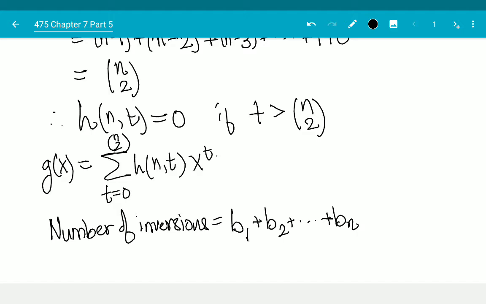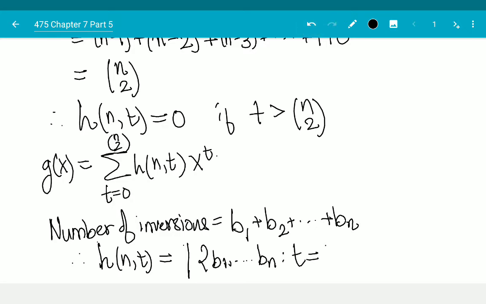And so I am looking at, therefore, h of n comma t is equal to the cardinality of the set of b1 to bn, the inversion sequence, where t is equal to b1 plus b2 plus dot dot dot up to bn, right?